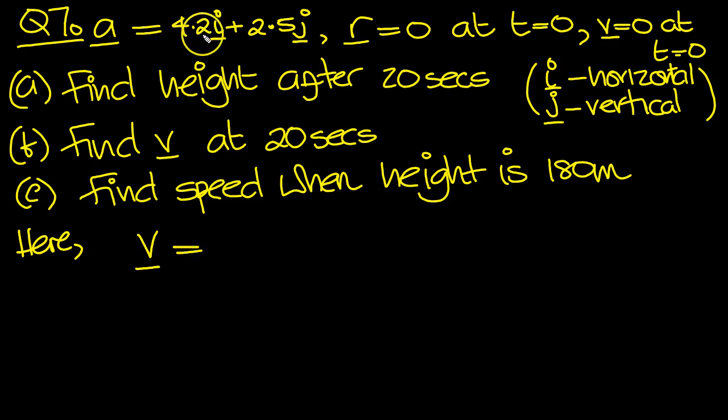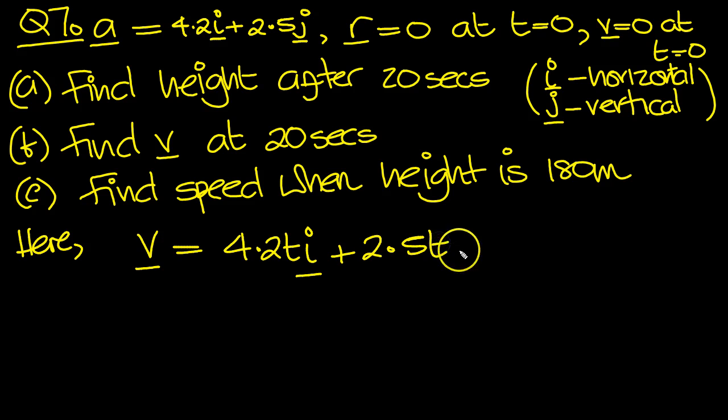Integrate then. 4.2 times t, lots of i, plus 2.5t, lots of j, plus a constant vector k, the constant of integration. So v equals 0 when t equals 0.